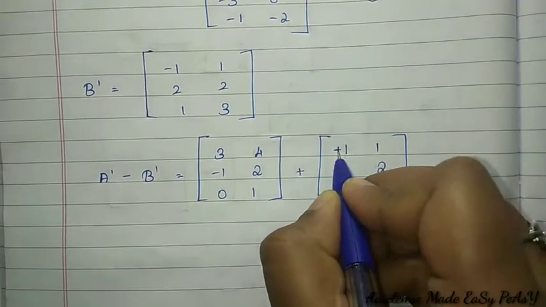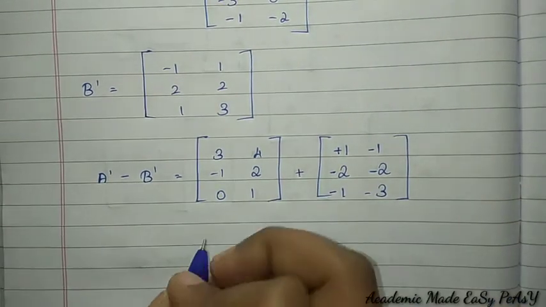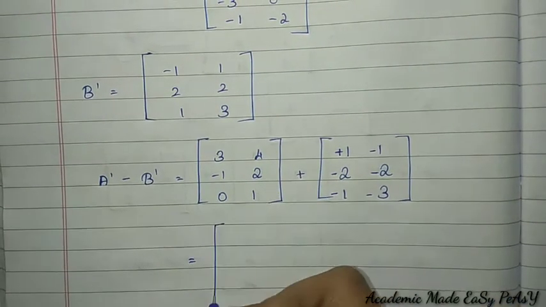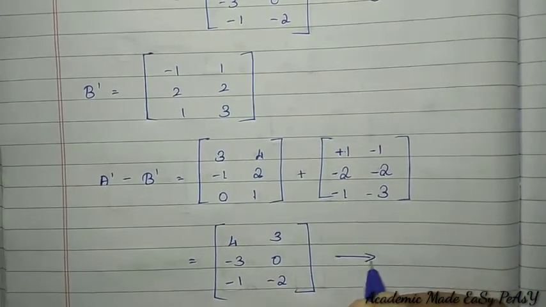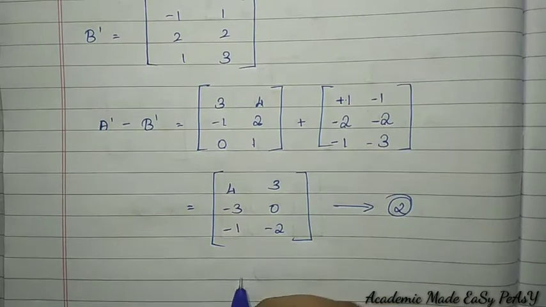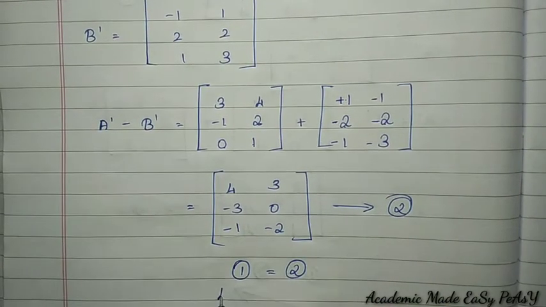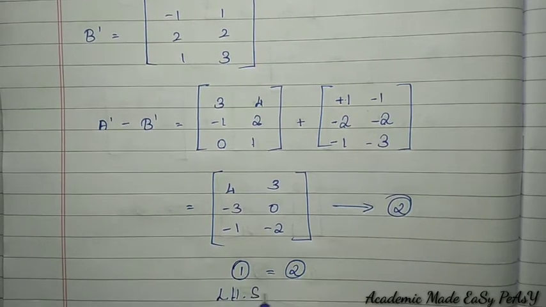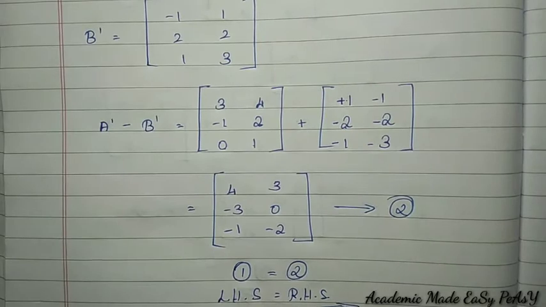So plus, plus, minus, minus, minus, minus, minus. So now I will be adding these. So this is my equation 2. So therefore equation 1 is equal to equation 2, LHS is equal to RHS, hence verified.